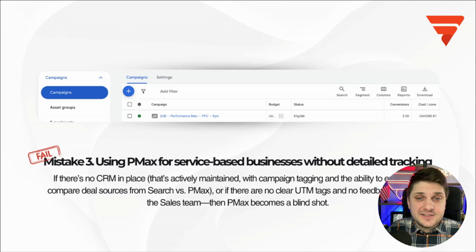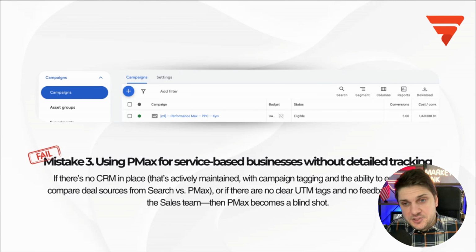Because often in PMax campaigns for services businesses, leads have lower quality than from search campaigns and from LSA campaigns. In general, if you're a marketer, imagine your client has 20 leads, and from them 15 qualified leads and 10 sales.